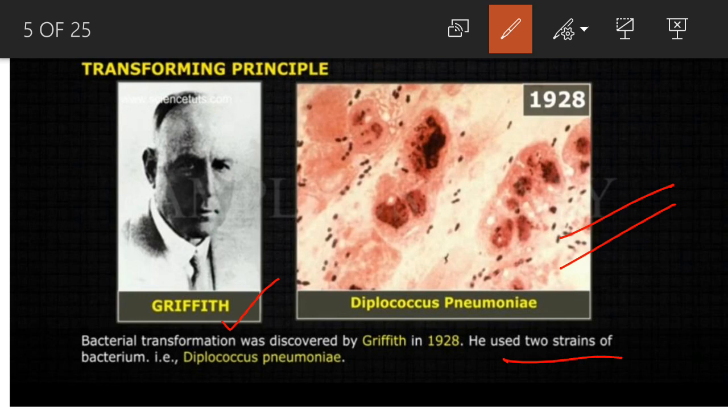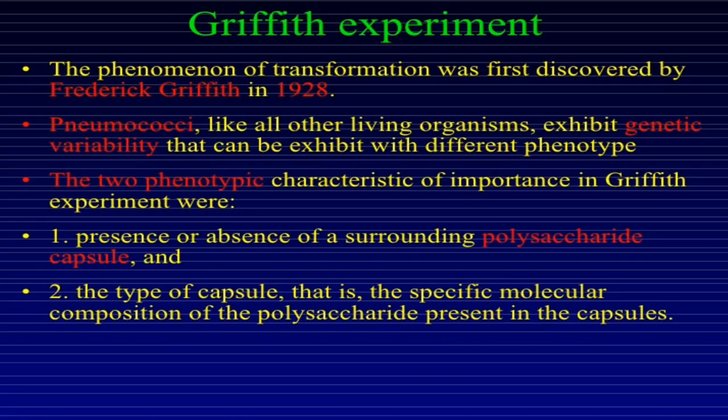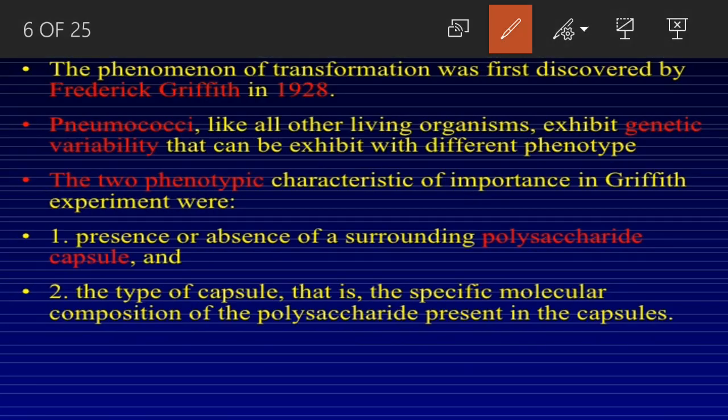He used two strains of Diplococcus pneumoniae. One of the traits was the presence or absence of the surrounding polysaccharide capsule around the bacteria, and the type of capsule, that is, the specific molecular composition of the polysaccharide present in the capsule.